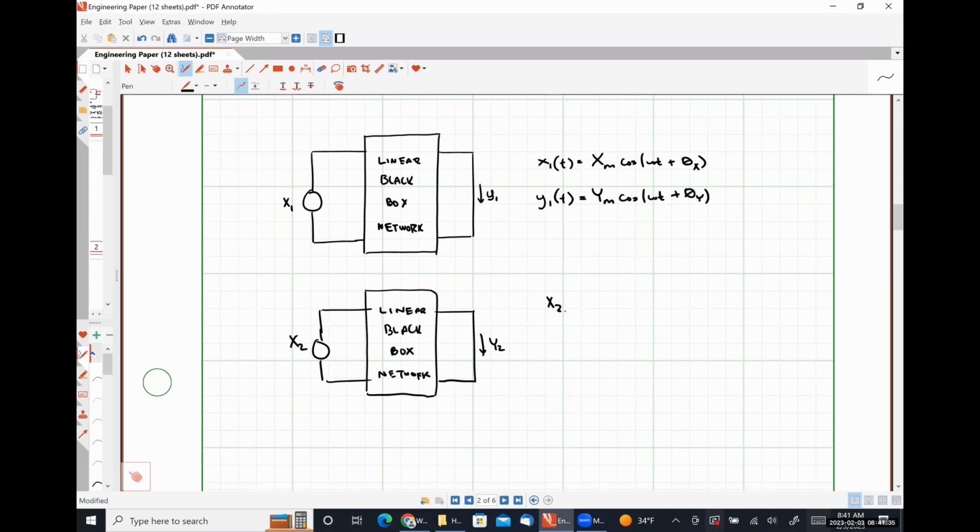Well, if X2 as a function of time is of the form Xm sine omega t plus theta x, what do you guys think Y2 is going to look like? So if we put a sine function in, we get a sine function out. Exactly right.